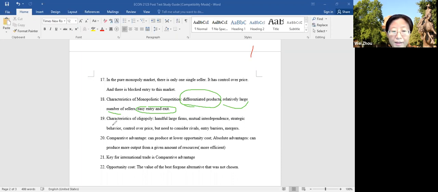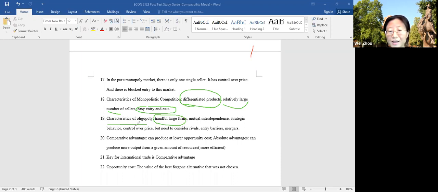Okay, and then the last one is the characteristic for oligopoly. In this market we only have several large firms, so each firm needs to check what their rival does.